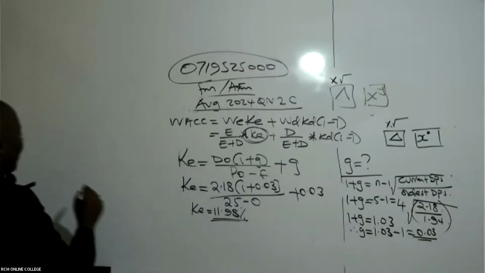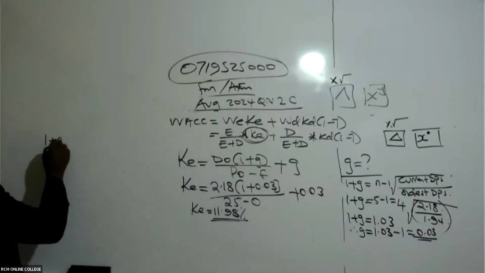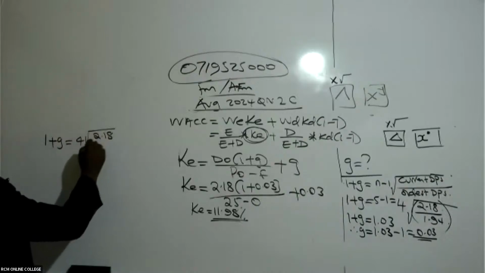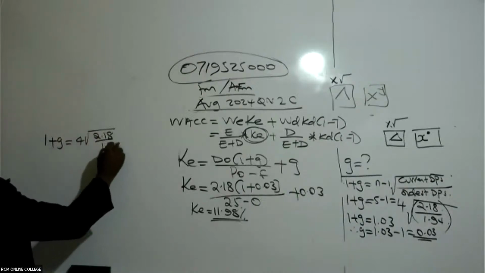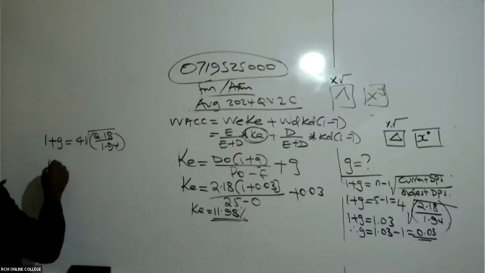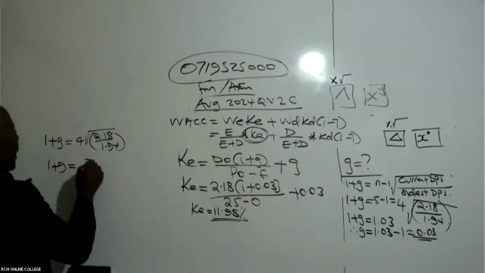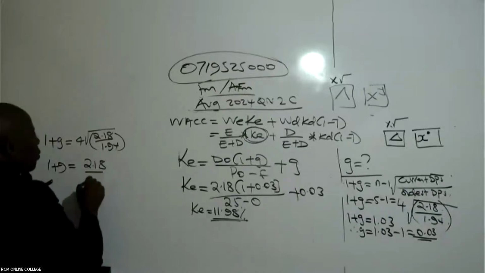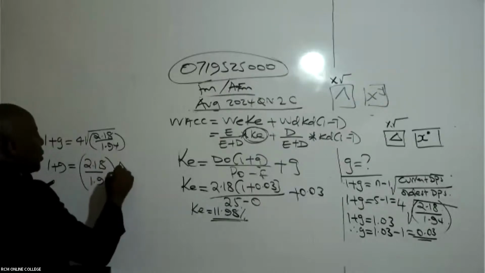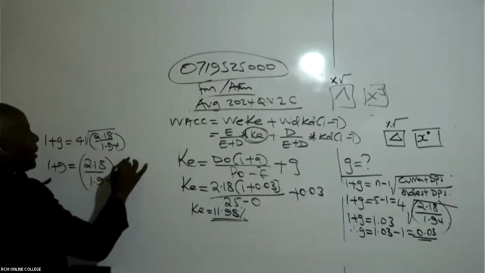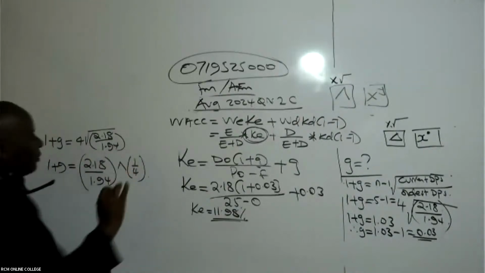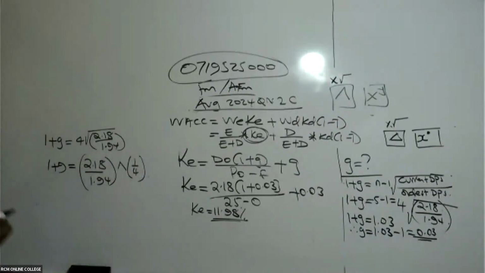I can say here, my 1 plus g will be equal to 4th root of 2.18 over 1.94 with brackets like that. Then this 1 plus g will as well be obtained by taking 2.18 over 1.94 and then raised to. You see, 4th root is the same as raising this to a quarter, and you put the quarter in brackets.